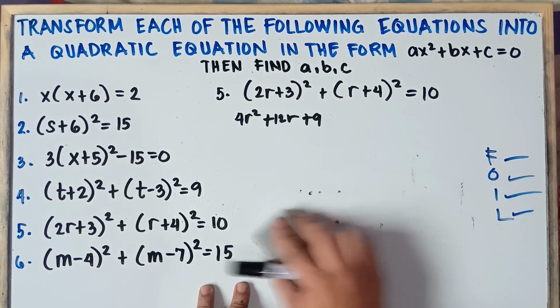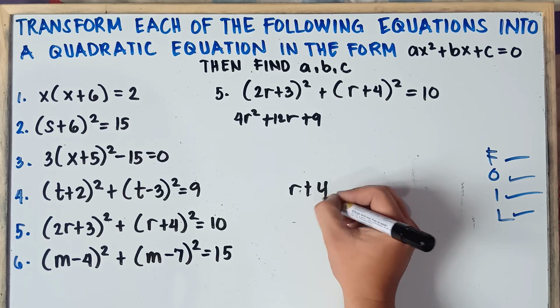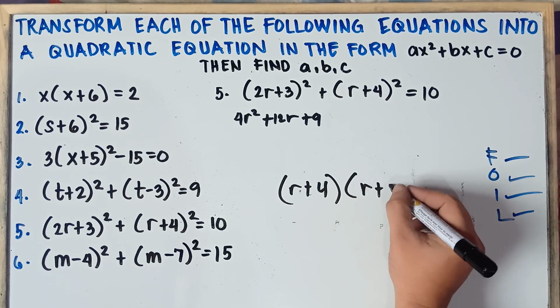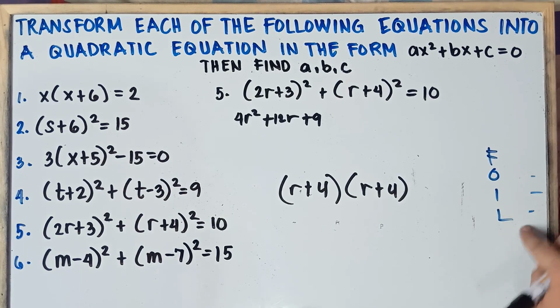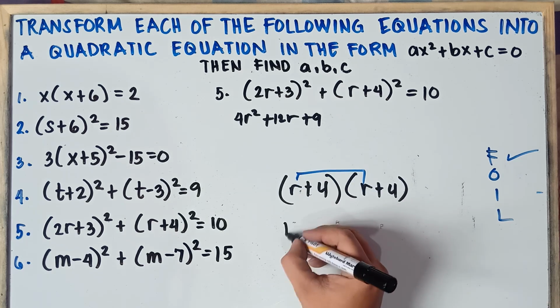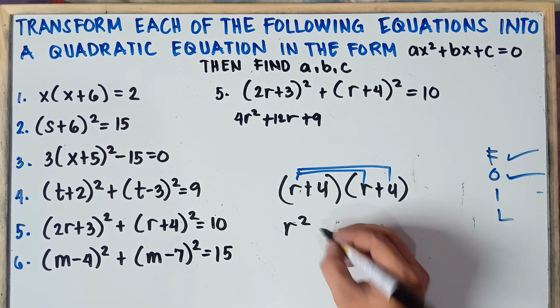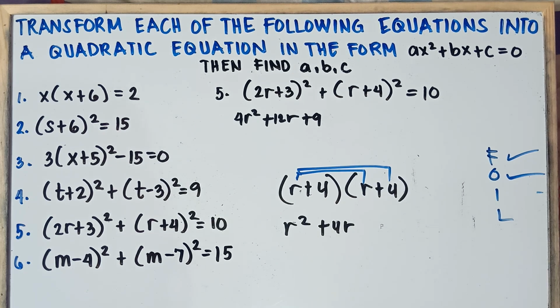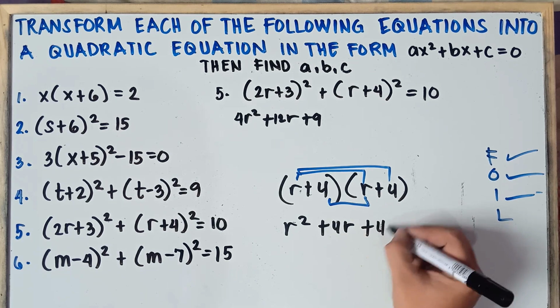Alright, and then we simplify this one, class. (r + 4)², (r + 4) times (r + 4). So use the FOIL method, class. Once again, first, r times r, that is r squared. Outer, r times positive 4, that's positive 4r. Inner, 4 times r, that's positive 4r.